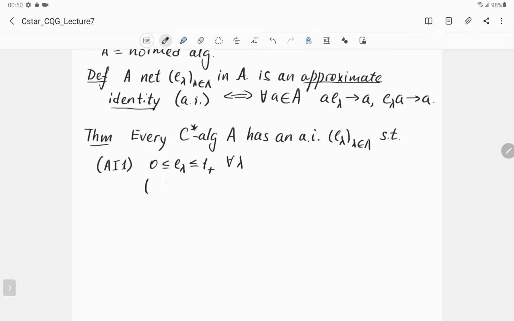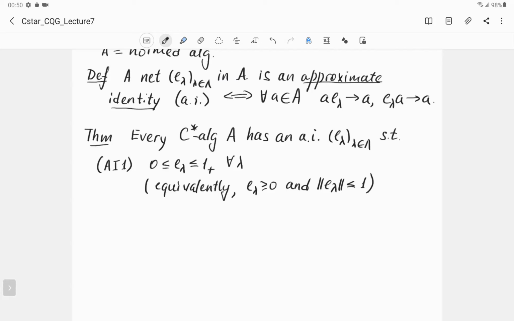By the way, this is equivalent to the following. Equivalently, this means that each e lambda is positive, and the norm of e lambda is less than or equal to 1. At the previous lecture, we proved that if you have a positive element, then this element is less than or equal to 1 in the unitization of the algebra if and only if the norm of this element is less than or equal to 1.